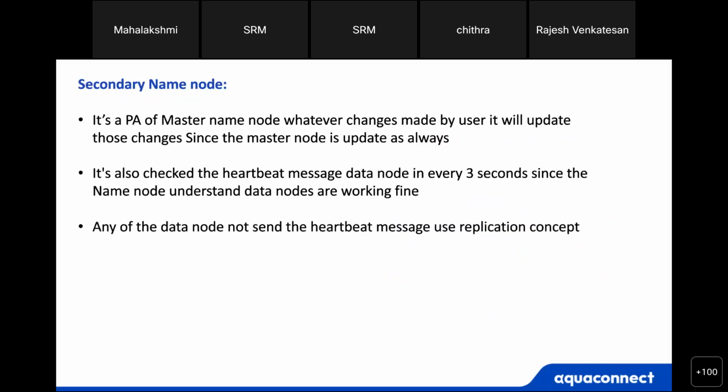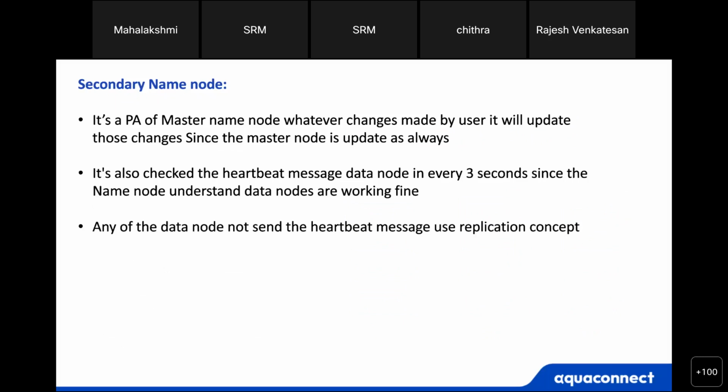then only do we move to remote data. Now the secondary name node. Secondary name node is nothing but a PA of our master node, that is, our name node. We already saw that metadata consists of two things, the FS image and the edit log.